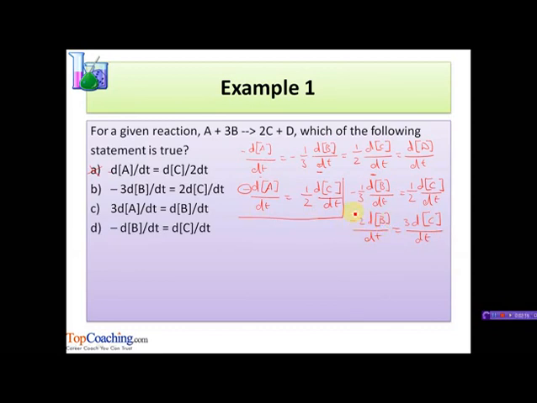Now it's minus 2 dB and not minus 3, and it's 3 dC and not 2 dC. So B is also incorrect.